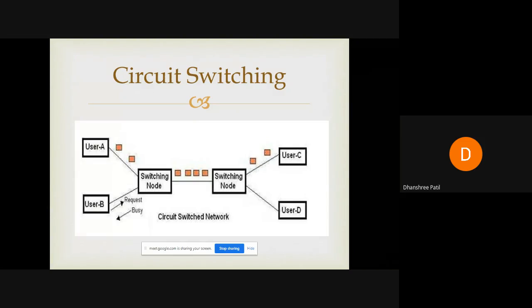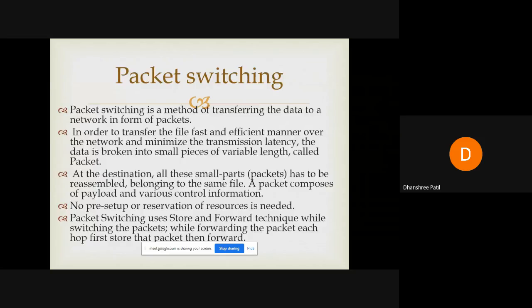Do you remember anything about circuit switching, packet switching? Anybody can tell what is circuit switching and what is packet switching?